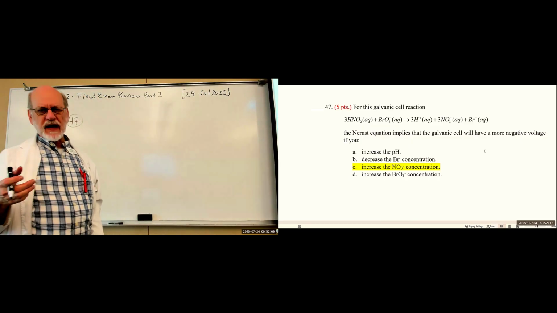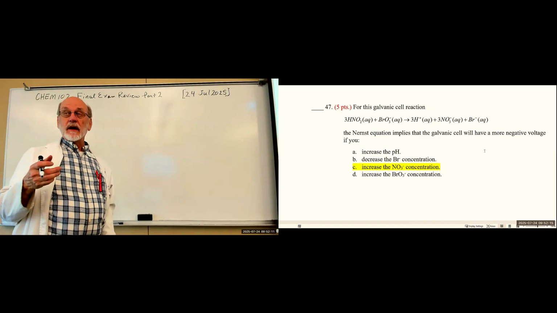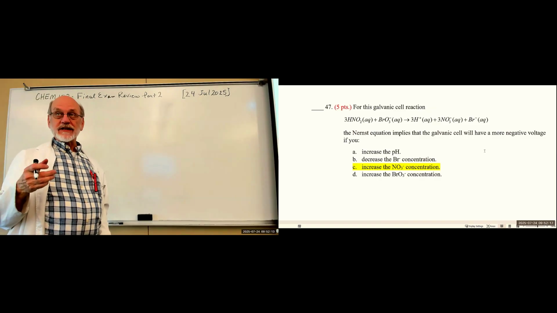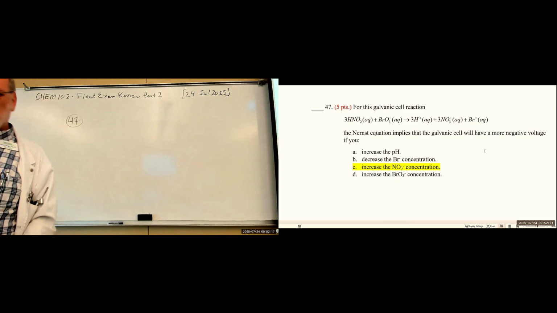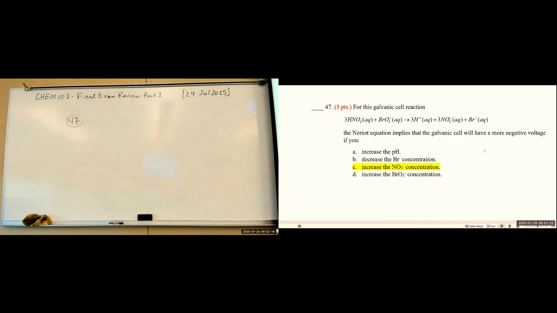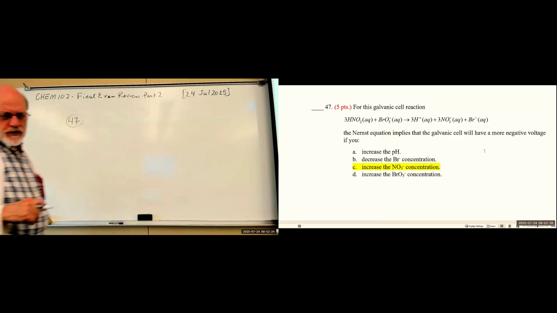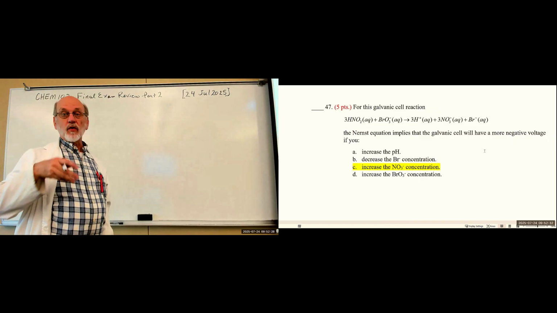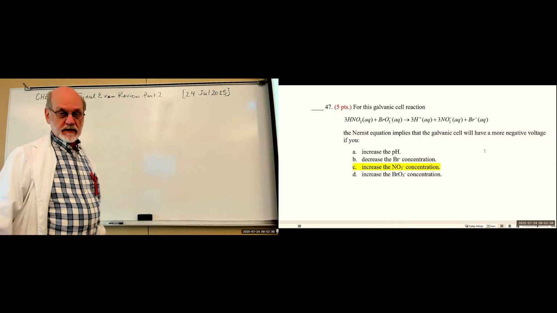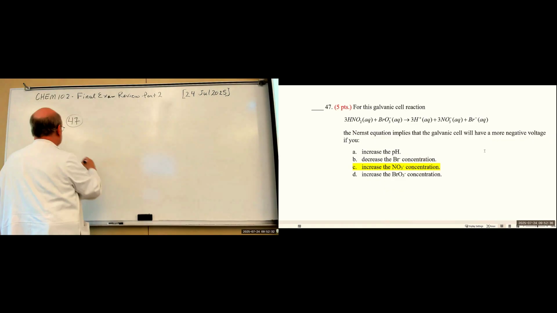The Nernst equation implies that the galvanic cell will have a more negative voltage if. All right. So for 47, if we're going to use the Nernst equation, we have to know how many electrons, how many moles of electrons are being transferred. So let's figure that one out first.